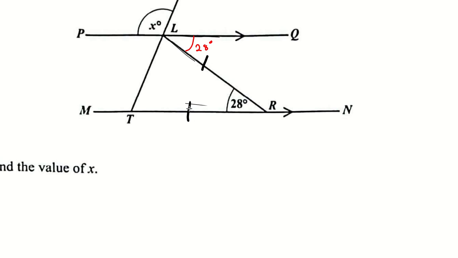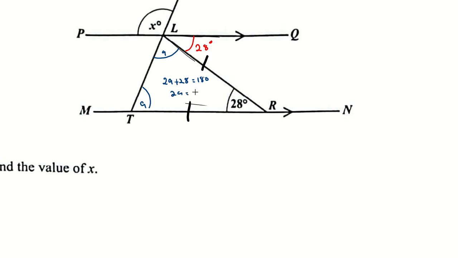We also know that this is an isosceles triangle. We know properties of an isosceles triangle: base angles are equal. So this angle here and this angle here would be equal. Let's call this A. So I know that 2A plus 28 is equal to 180.